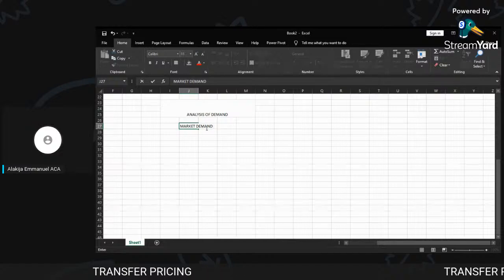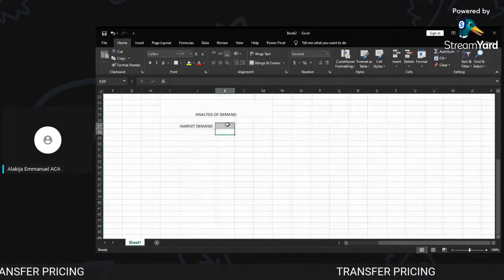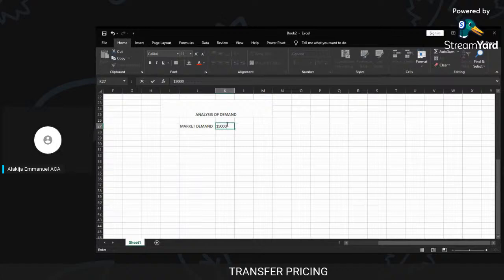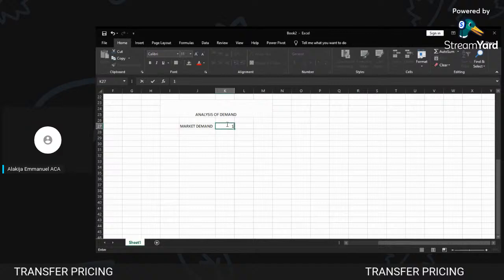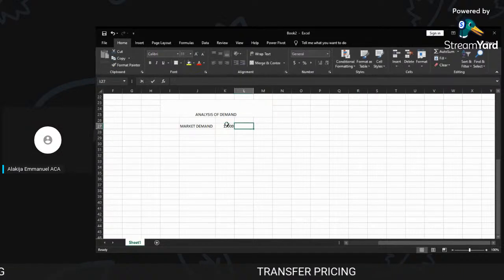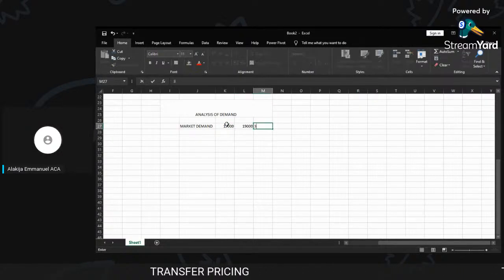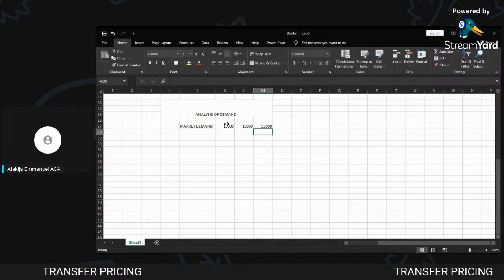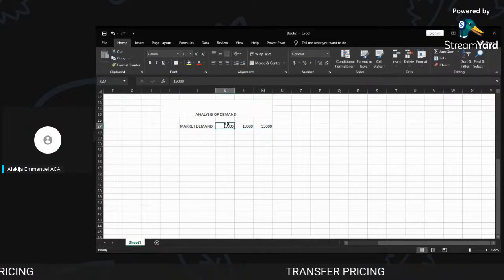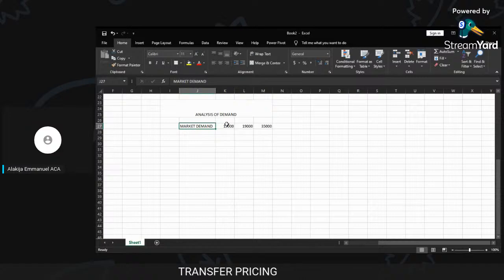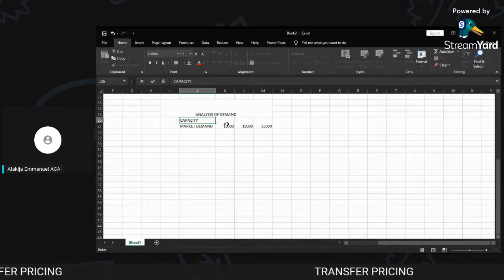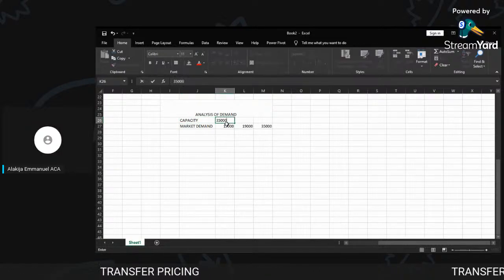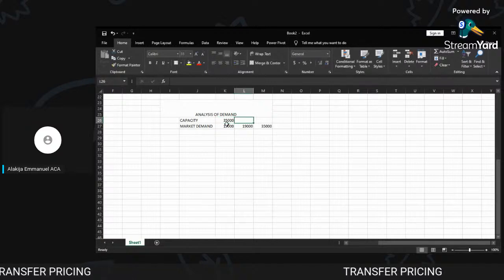The market demand scenarios are 15,000, 19,000, and the whole of the 35,000. And talking about the capacity, capacity is 35,000.